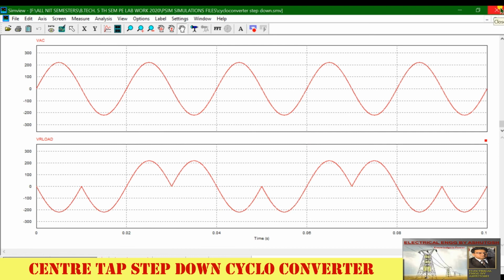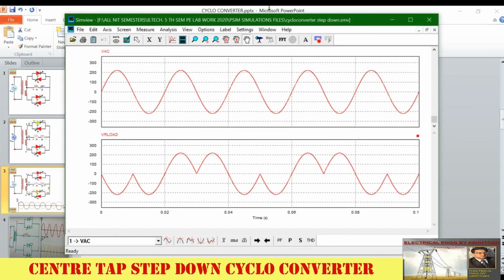So in your earlier theory classes, you must have studied about the working of cycloconverter. So you can see here, this is the AC waveform, and this is the output waveform, and the frequency is reduced. It is made reduced, it is halved.